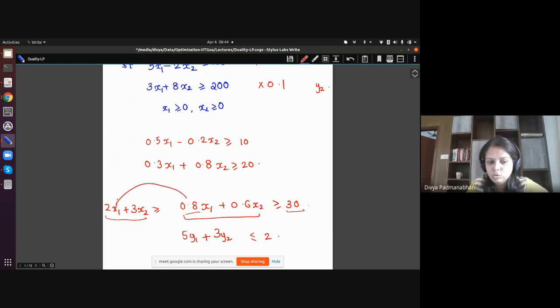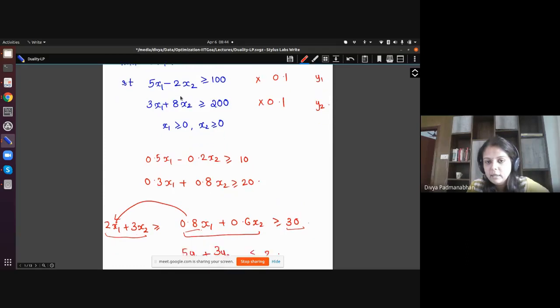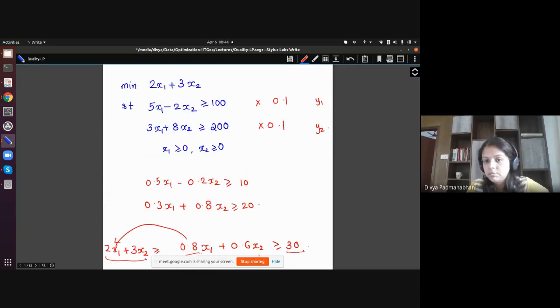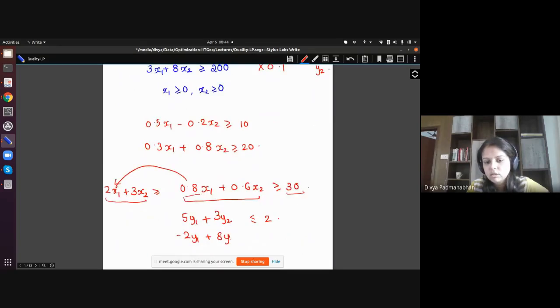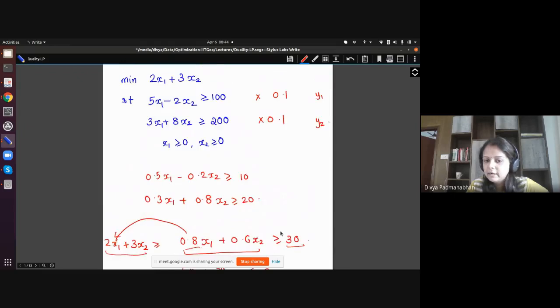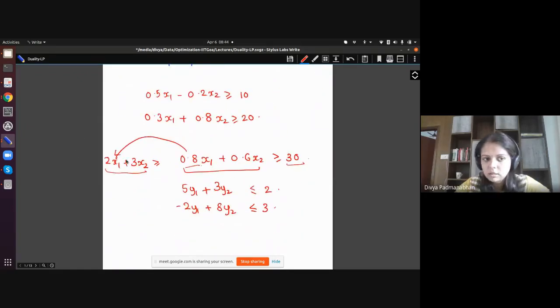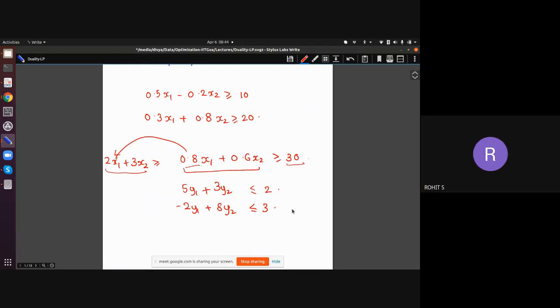Okay, so these two, if you compare these two. Now similarly, you had minus 2y1 plus 8y2, that was less than or equal to 3. Is this clear? I'm just generalizing this operation.